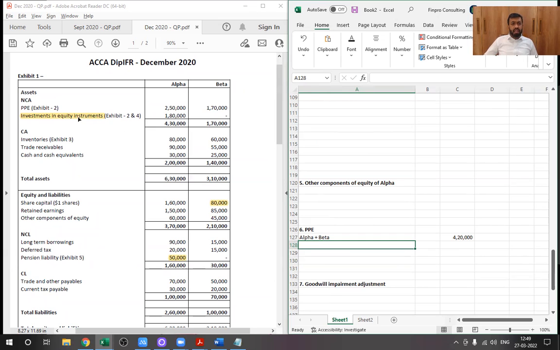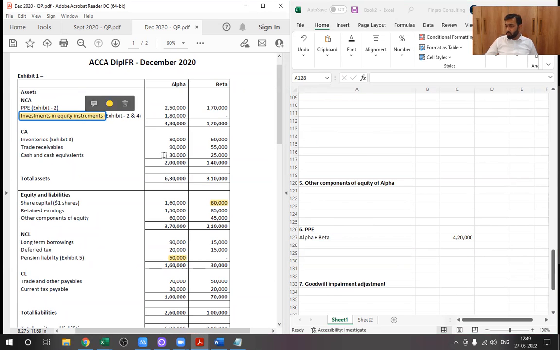Then investments in equity instruments. You have to do something for this amount, right? Where this will go, where this will be used, where this amount will be used. Aniruddha, Yogesh, or Babita.